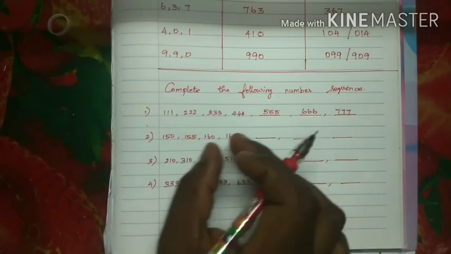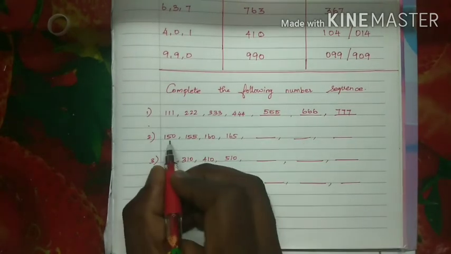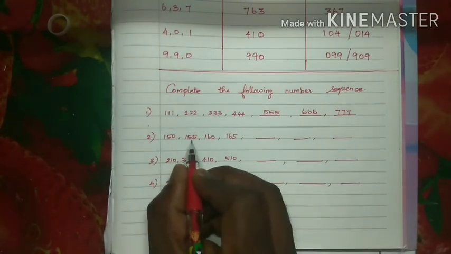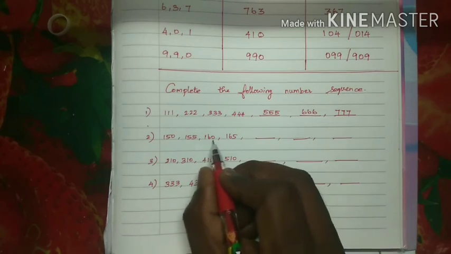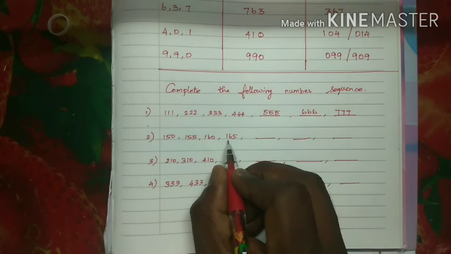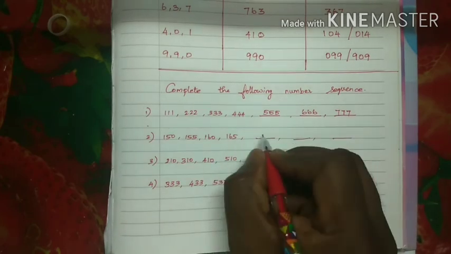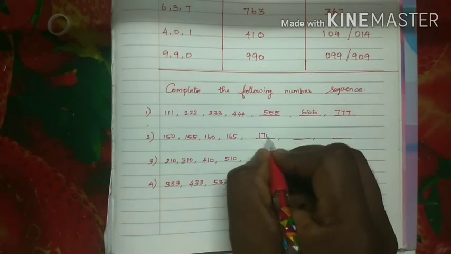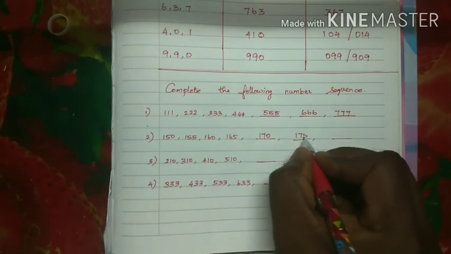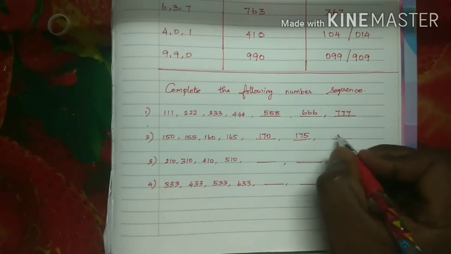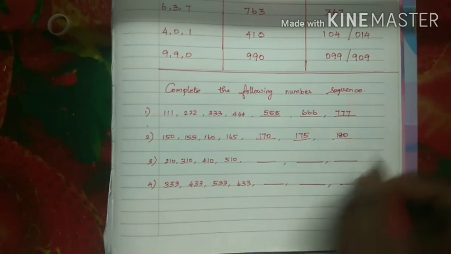They are counting 5, 5, 5. Now 150 plus 5 is 155. 155 plus 5 is 160. 160 plus 5 is 165. Now 165 plus 5 is 170. 170 plus 5 is 175. 175 plus 5 is 180.